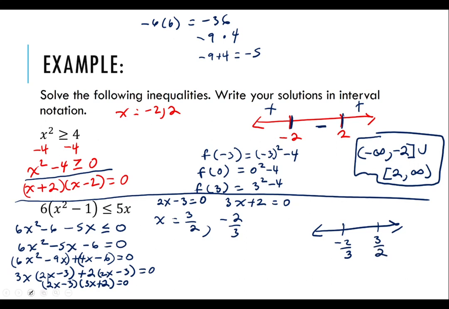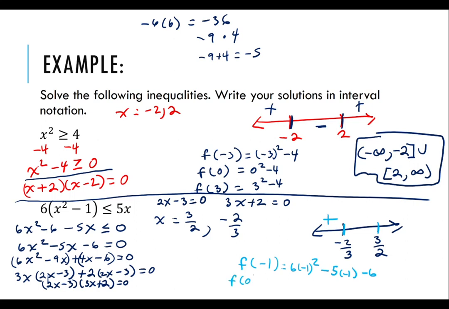So then I need to pick values to the left, to the right, and the middle. To the left of negative 2/3, how about negative 1? So f of negative 1, that's going to be 6 times negative 1 squared minus 5 times negative 1 minus 6. Check that calculation, you'll see that you'll get a positive value. Then I need to choose something between negative 2/3 and 3/2.